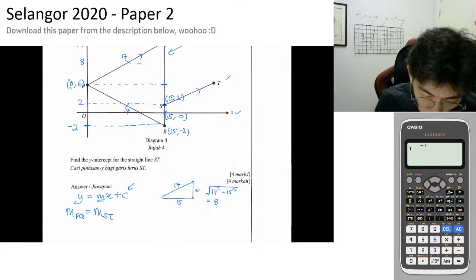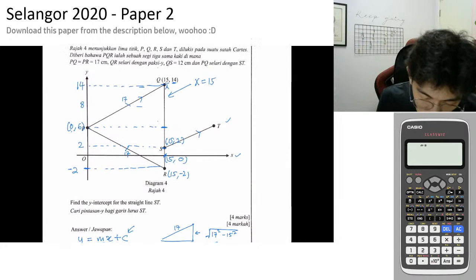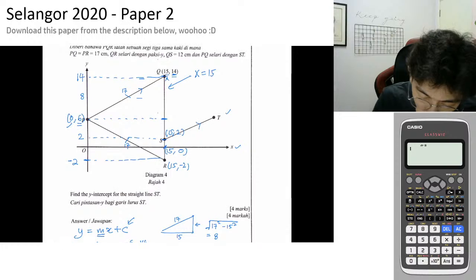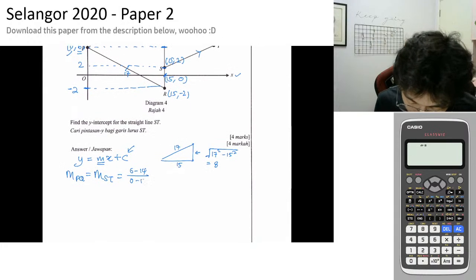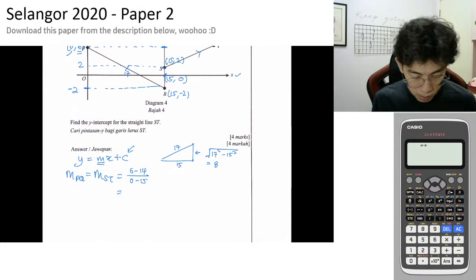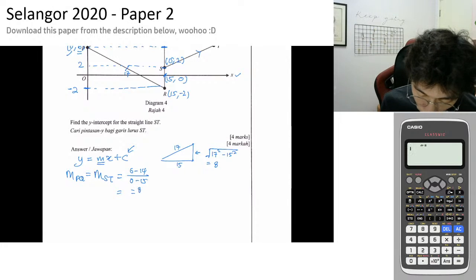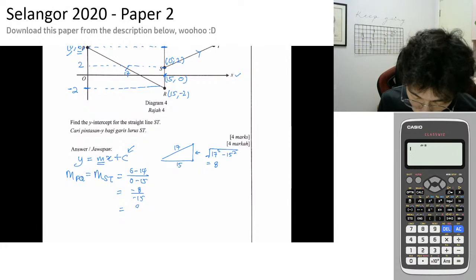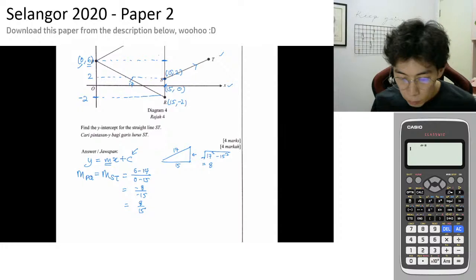So equals 6 minus 14 over 0 minus 15. 6 minus 14 is minus 8, and 0 minus 15 is minus 15. So 8 over 15. We get still 8 over 15.